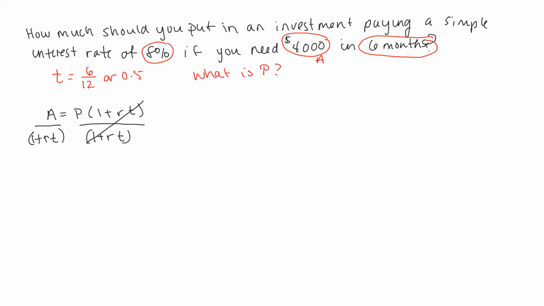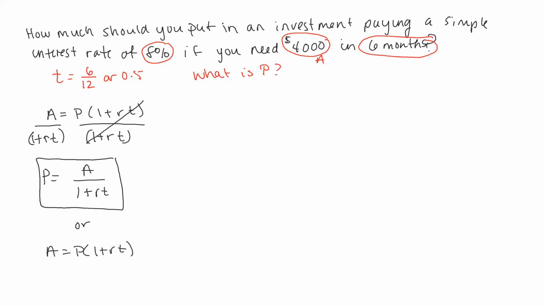The 1 plus RT's cancel on the right, and we get that P equals A over 1 plus RT. You can use this formula right here, or you can use the original, A equals P times 1 plus RT. Either way, it doesn't matter. I'm going to use the formula that's in a box.